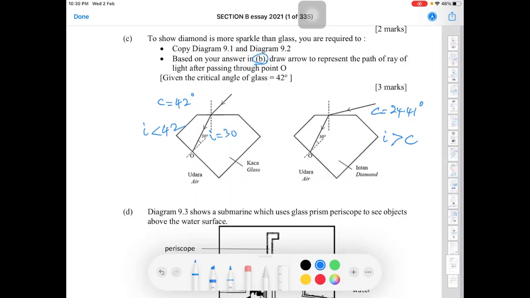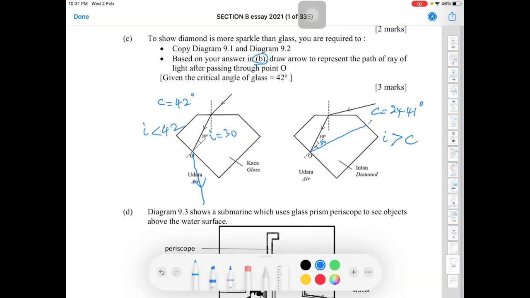Okay, so dekat glass sekarang dia akan reflected. Ni dia keluar. Okay. So dia keluarlah sebab dia punya I is lower than critical angle. Alright. Tapi dalam diamond dia akan jadi total internal. So how to draw? Pastikan kamu draw betul-betul dan angle ini mesti 30 darjah.